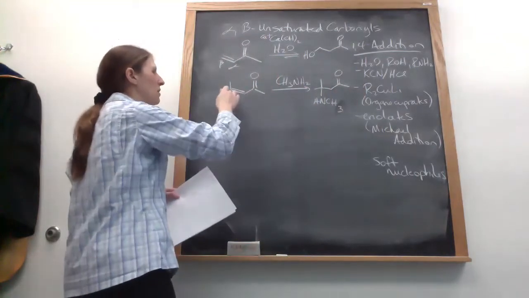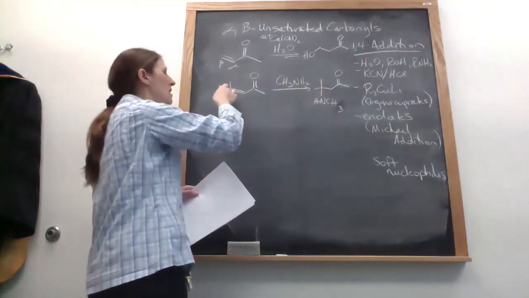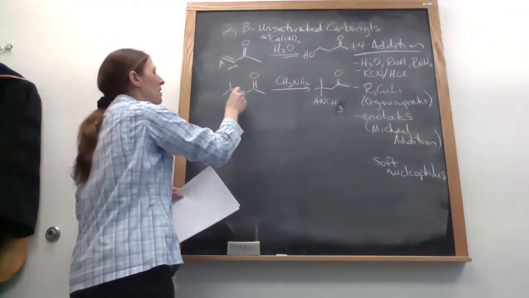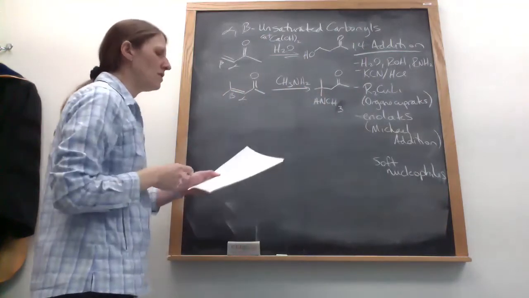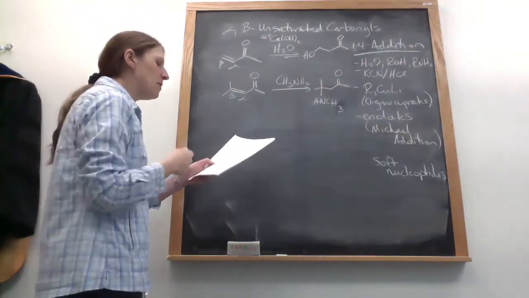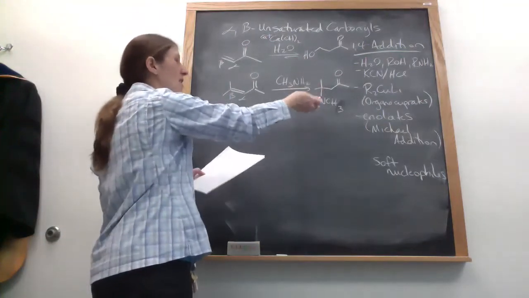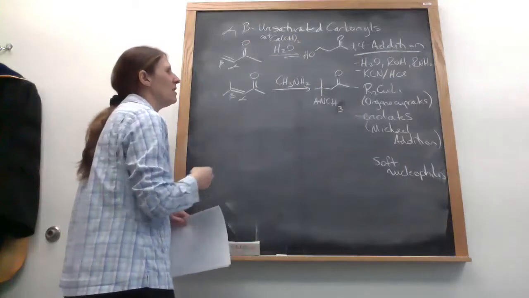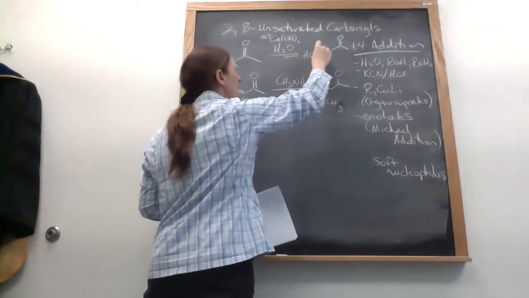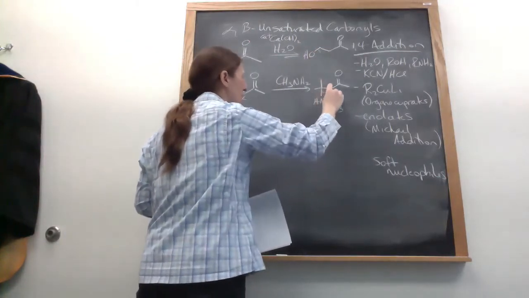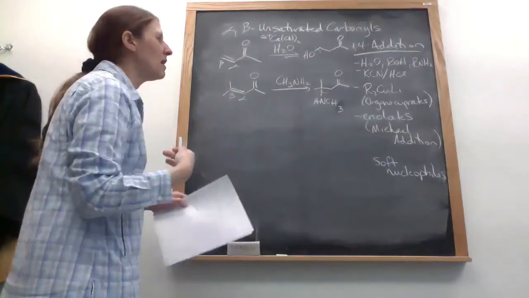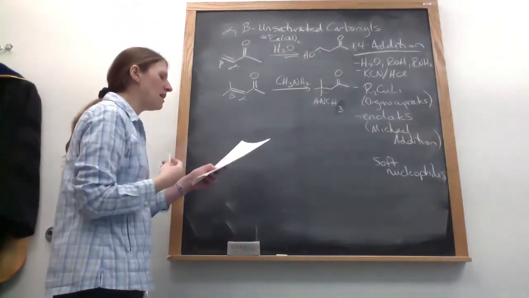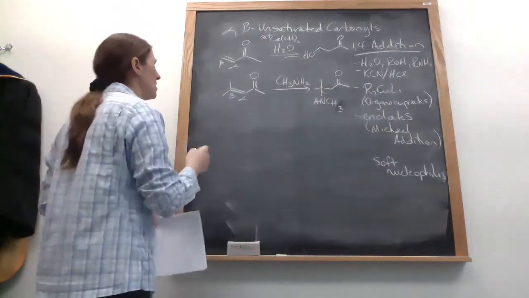So we end up with the amine making a bond to that beta carbon of my alpha beta unsaturated carbonyl. And this is a good way to install nitrogen. From a retrosynthesis, this is a little harder to see. The bond that we're making is this one to the beta carbon. Okay, so again, thinking that these came from alpha beta unsaturated carbonyls.